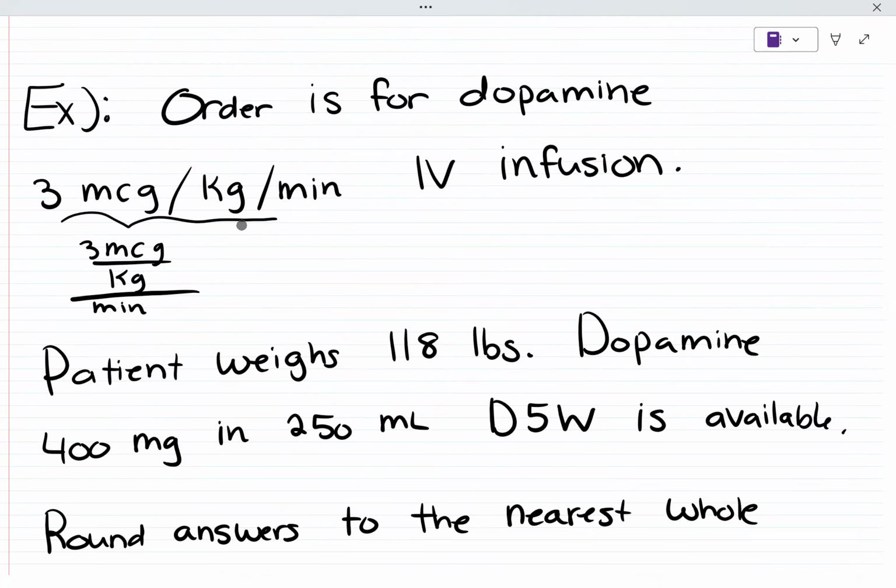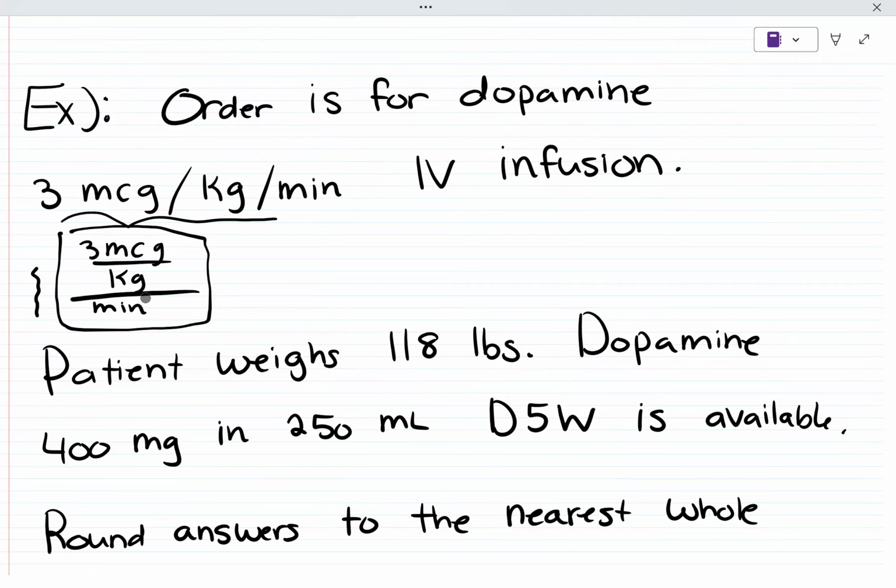This is how it was written, but it can also be expressed like this as a complex fraction, 3 mcg per kilogram per minute IV infusion. So don't forget about complex fractions. It's really simple how to simplify this, but I would simplify this complex fraction first before I do the problem.